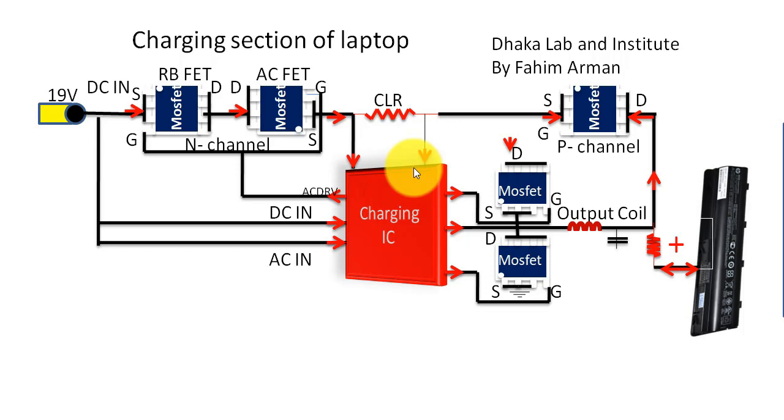The charging IC will be activated and will give the signal to the IO, and all the other sections will start, and the whole motherboard will be activated and turned on. This is the process by which the charging IC provides power to the laptop.